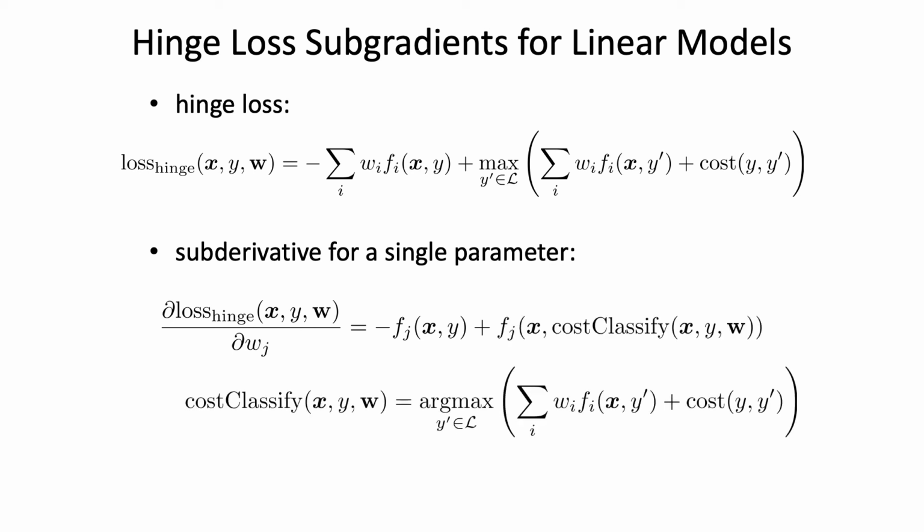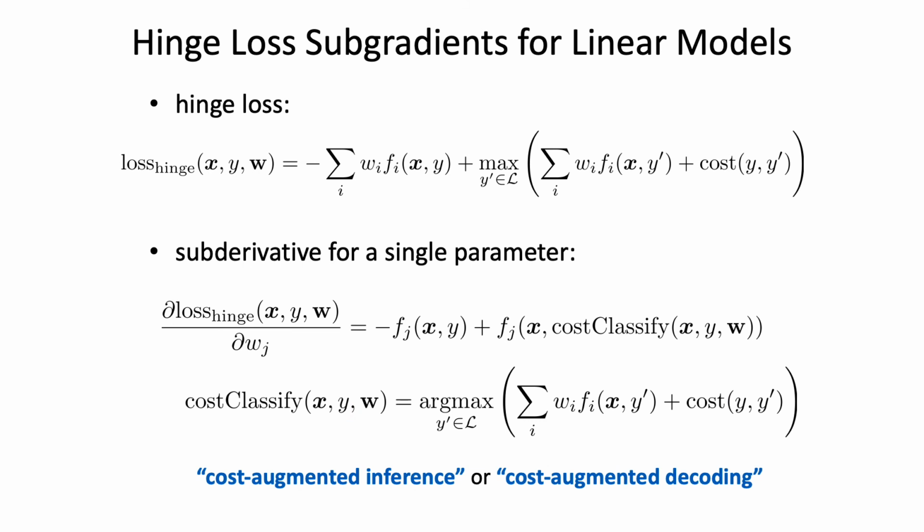So we define this new function that I'm calling cost classify, which returns the label that maximizes score plus cost. Unlike classify, cost classify requires the gold standard label y as one of its inputs, because that's needed for computing the cost function. This is a new inference problem that is called cost-augmented inference or cost-augmented decoding.